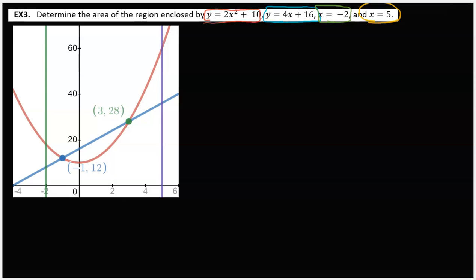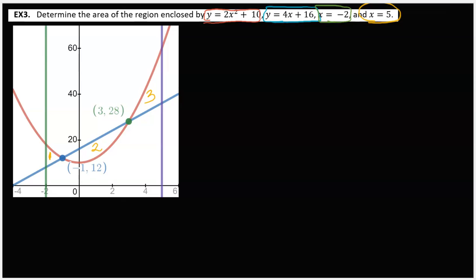I have region 1 right here in between the curve and the line, and I have region 2, and then I also have region number 3. As we can see, we have to divide up the integral into 3 different regions.